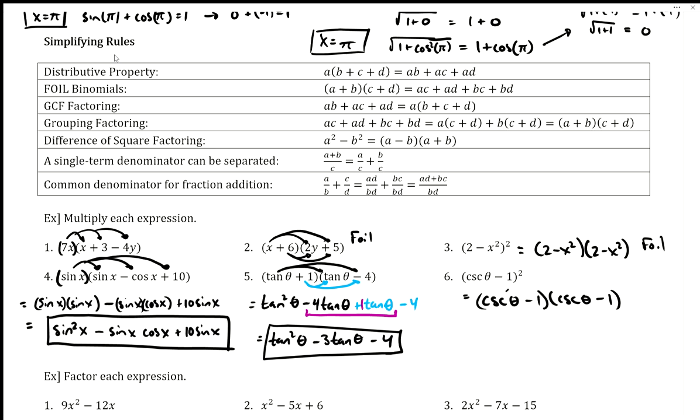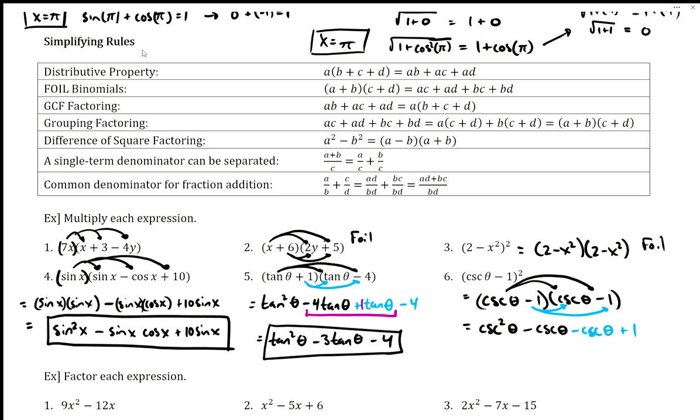So again, FOIL, cosecant of theta times cosecant of theta. That's the same thing times itself. So that's cosecant squared of theta. And then cosecant of theta times negative 1 would be minus cosecant of theta. And then let's go in blue again. So negative 1 times cosecant of theta would be negative cosecant of theta. And then negative 1 times negative 1 would be positive 1.